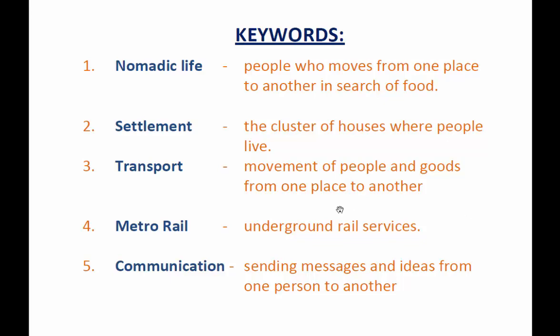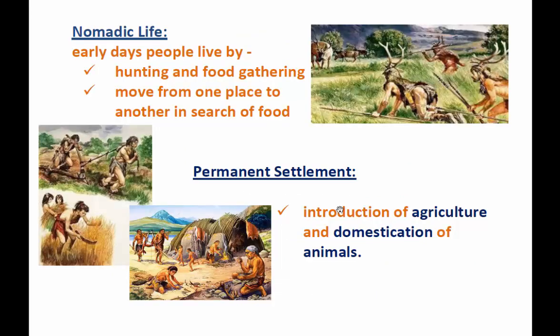Well, in the early days, people lived by hunting and food gathering, and those people who lived by hunting and food gathering moved from one place to another in search of their food. Such styles of living is what we call nomadic life.